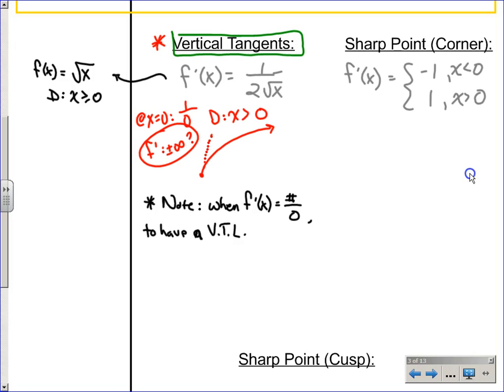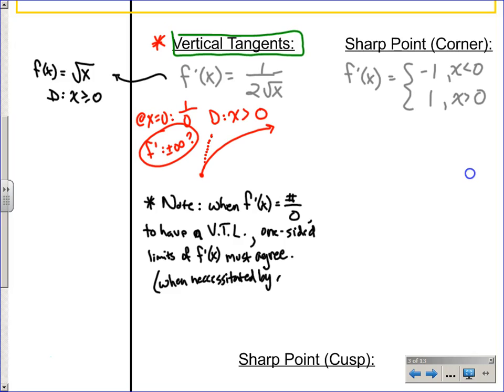When f prime of x is equal to a number over 0, to have a VTL, wait a minute, it's not automatic? The one-sided limits of f prime of x.